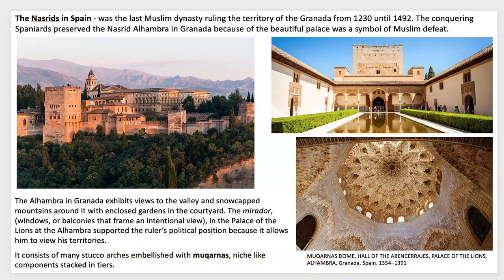So all the architecture was just as important in not only its visual stunningness, but in how it was actually used to protect the ruler and to be able to see his territory.